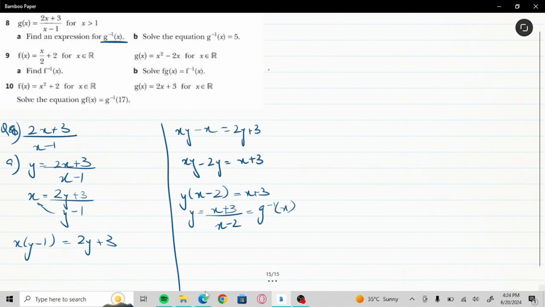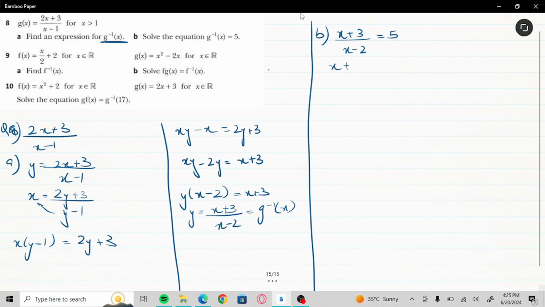So that's it. What does part B demand of us? It's similar to what we have been doing till now, and it's telling us to solve the equation g inverse of x is equal to 5. So we're going to say that (x + 3) upon (x - 2) is equal to 5.